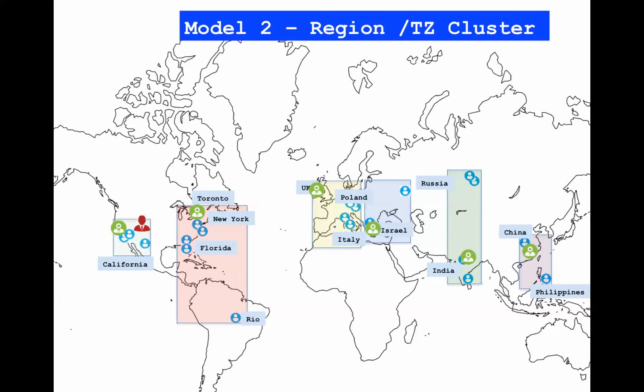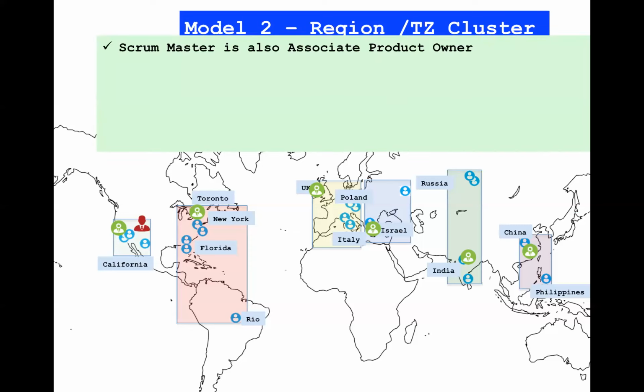Again, some of the salient points when you're working in this kind of a model are, again, Scrum Masters, that you see these green circles. They have to act as an associate product owner. Same thing as before. Again, the Scrum Chief, who's co-located with the product owner, who has to be an engineer, right?